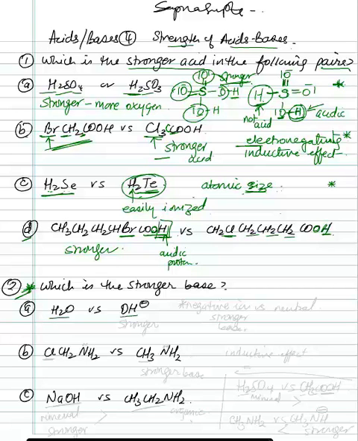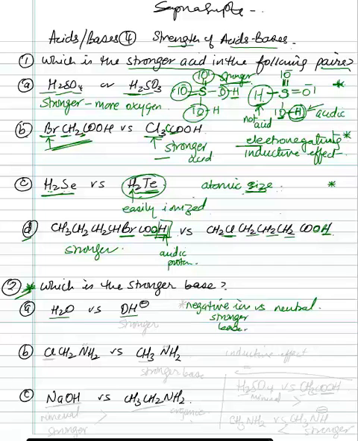Now here our reasoning is going to be very simple. If you have a negative ion versus a neutral species, the negative ion is always going to be the stronger base. That's all it is. Bases are all about giving electrons, so the more electrons there are to give, the stronger the base.